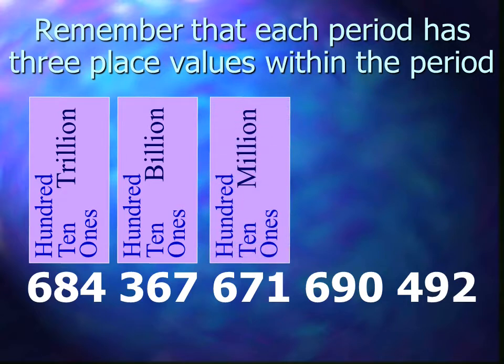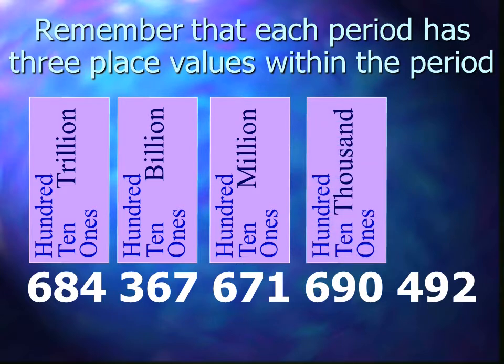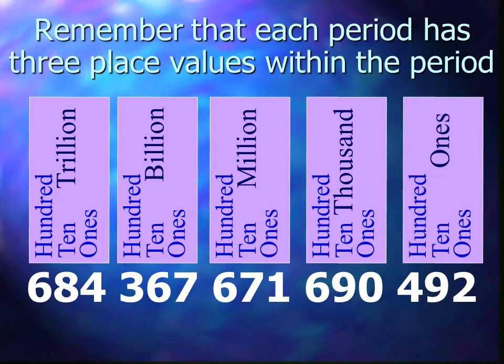Likewise, with millions, we have 600 million, 70 million, 1 million to make 671 million. With the thousands, we have 690,000 for 600,000 plus 90,000 plus no thousands. And finally, in the ones period, we have 492.